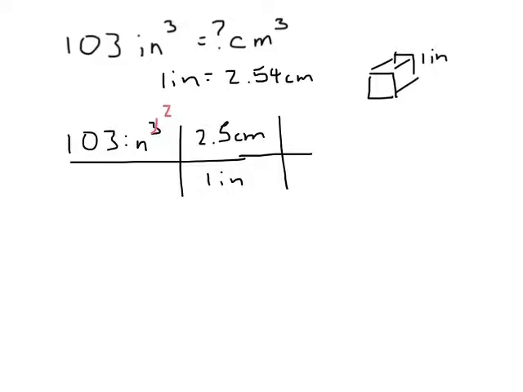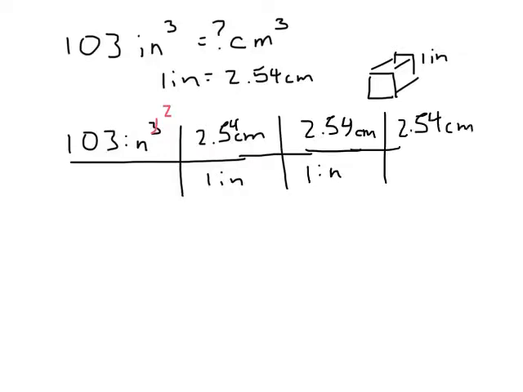So I'm not done. Since I have inches cubed, I actually need to repeat this step 2 more times for a total of, I got lazy there, forgot to write that 4, for a total of 3 times, so that I cancel out all of my inches, and now I'm left with centimeter times a centimeter times a centimeter, which is centimeters cubed, what I wanted.